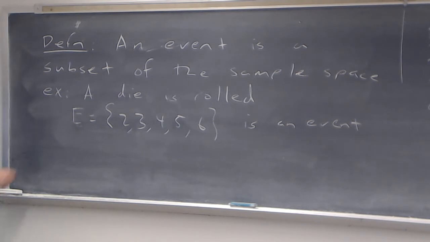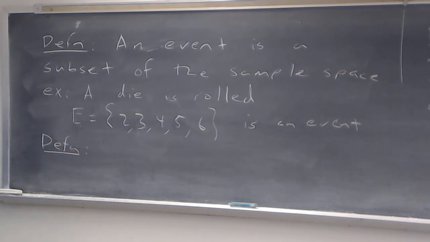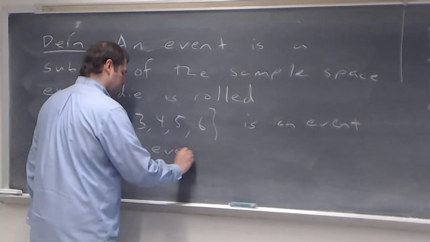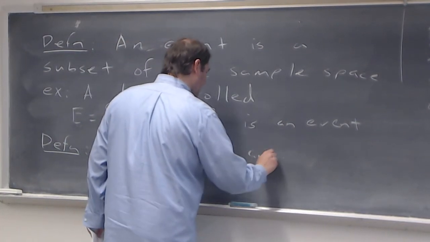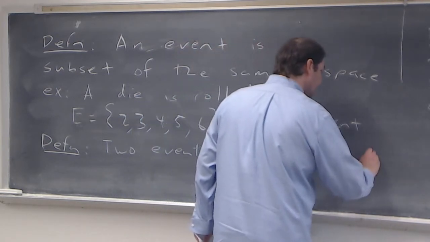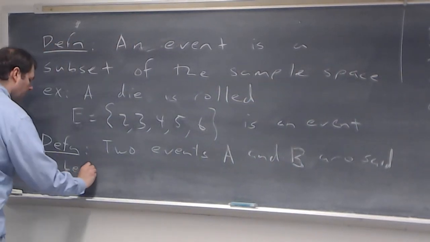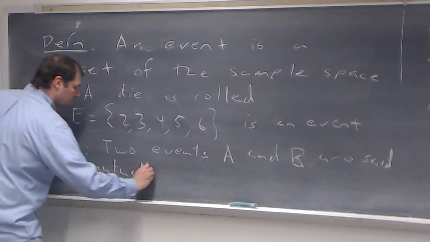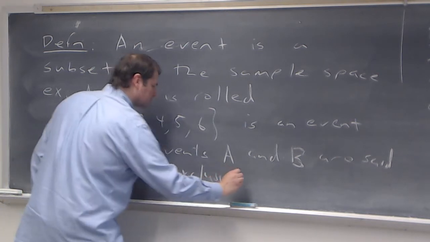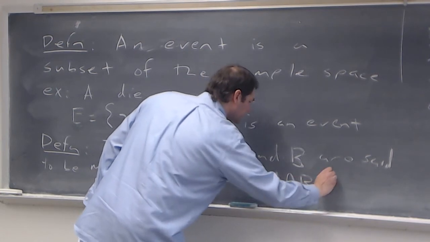We're going to talk about a type of relationship between events that can occur. Two events, A and B, are said to be mutually exclusive if A intersect B is equal to the empty set.